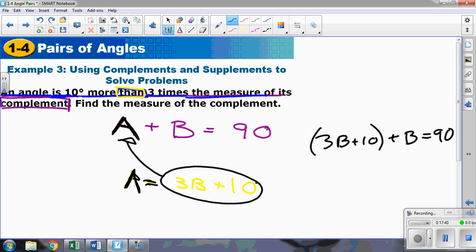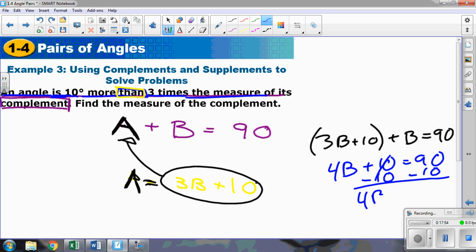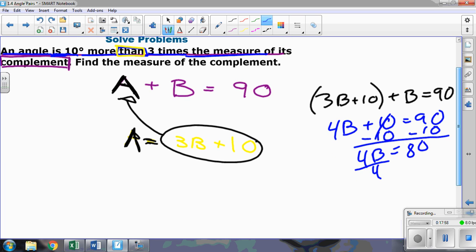Now we can go through and solve it. 3b plus b is equal to 4b. We can subtract 10, giving us 4b equals 80. And when we divide by 4, we get the value of b is 20.